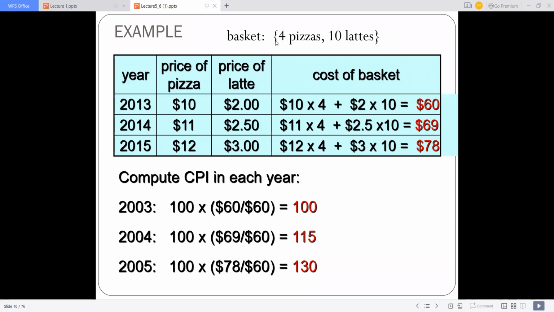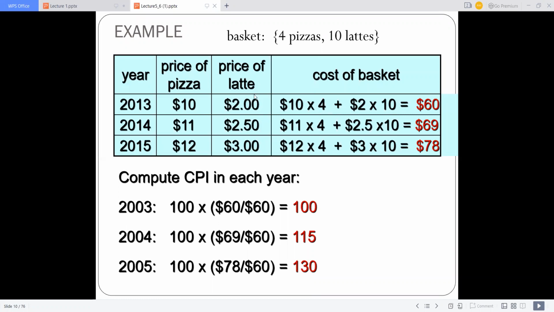The quantity of pizzas that was given was 4, and this is the price of pizza. So we are going to take each year. Let's take 2013. The price of pizza is $10, and how much was required? 4. So 10 times what?